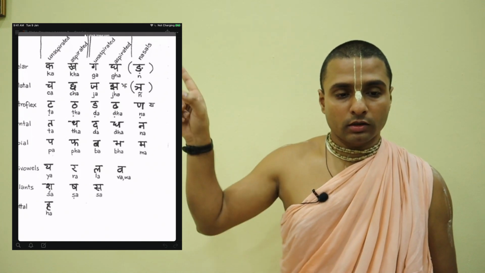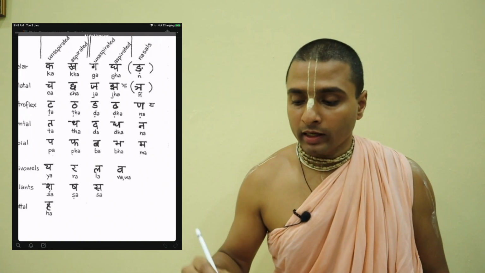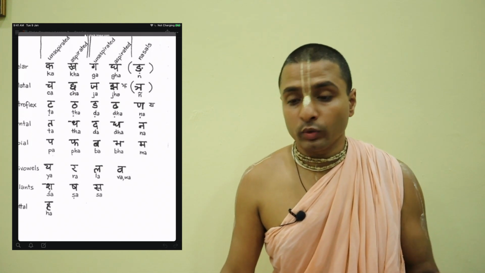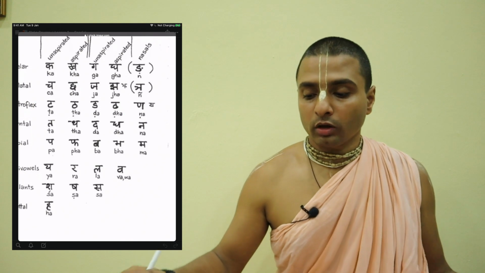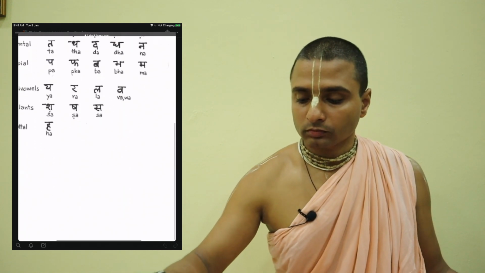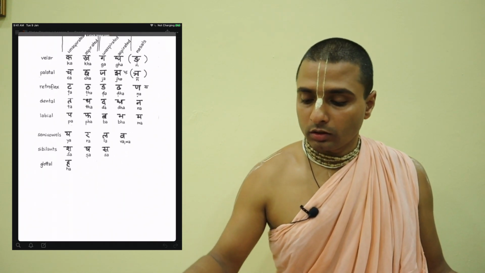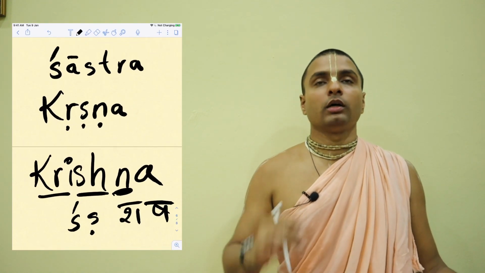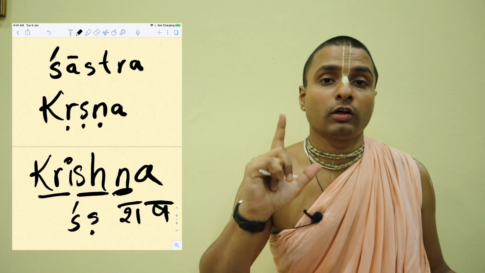At the last, the nasal sounds. Only the last one is ma, M. Others are all N. Which N? How to pronounce? So this is N with the dot below. Na, ta varga.